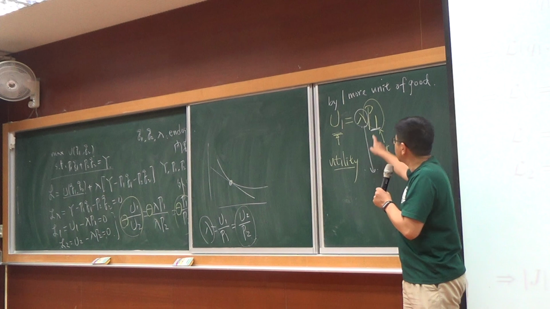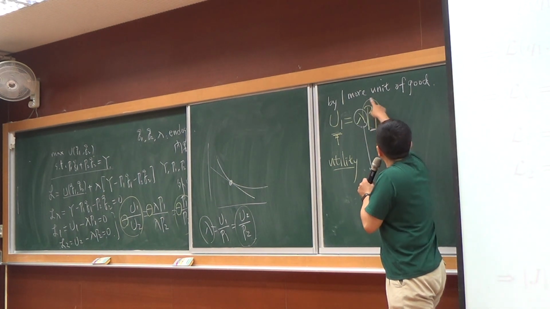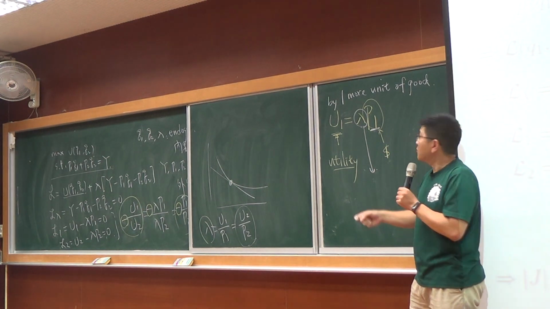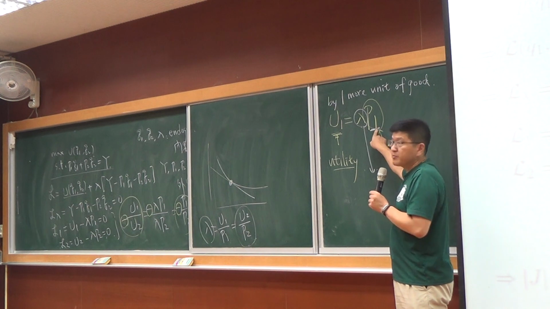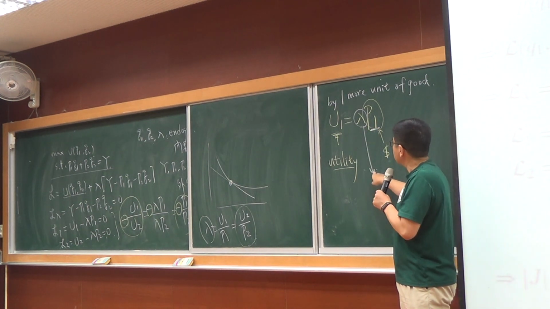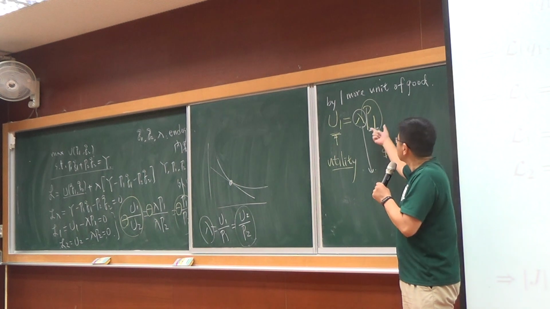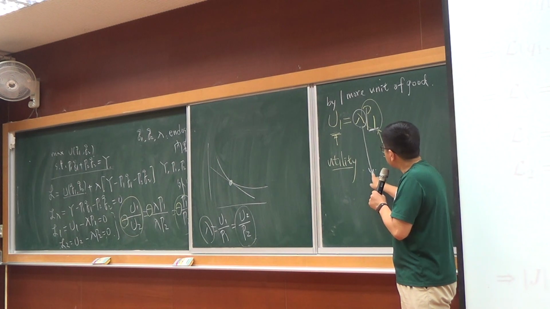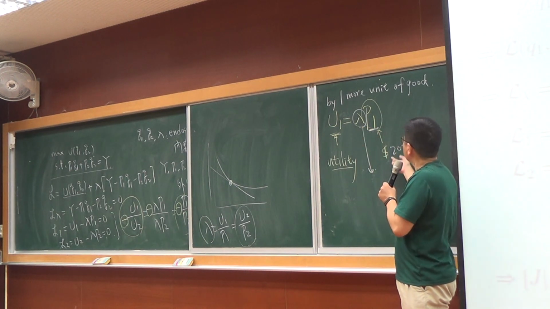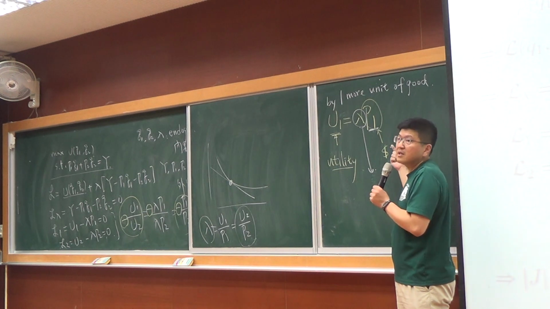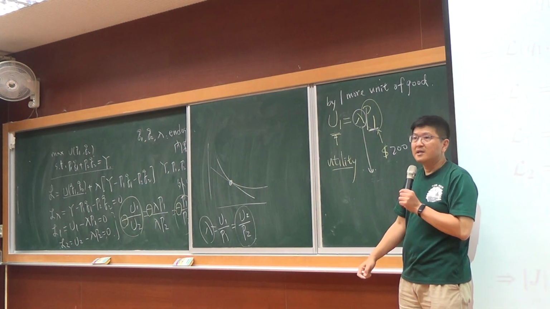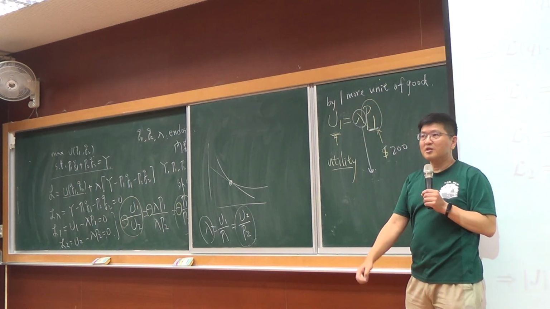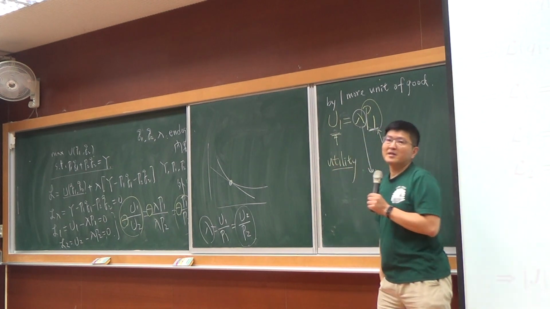So this is the total amount of money you have to pay to have 1 more unit of good. And for each dollar, you may have this marginal utility. So if the beef noodle costs $200, then for each dollar the marginal utility is lambda, so $200 would be 200 times lambda, which is the marginal utility of 1 more unit of good, U1.